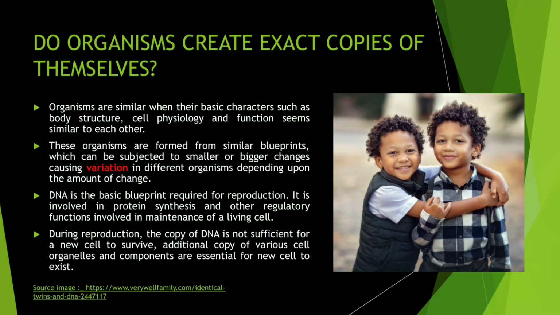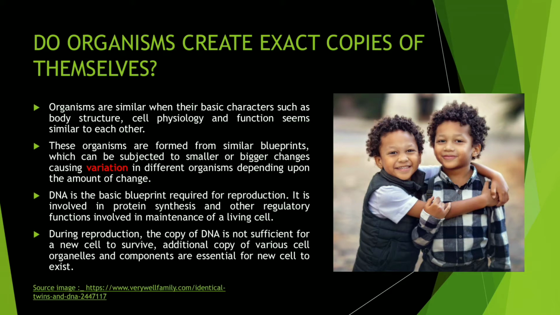Now, in living organisms, the DNA, which is deoxyribonucleic acid, is the blueprint which is required for reproduction. There is a thing known as the central dogma, where DNA converts into mRNA. mRNA then produces protein, and from protein the cell functions further in action.